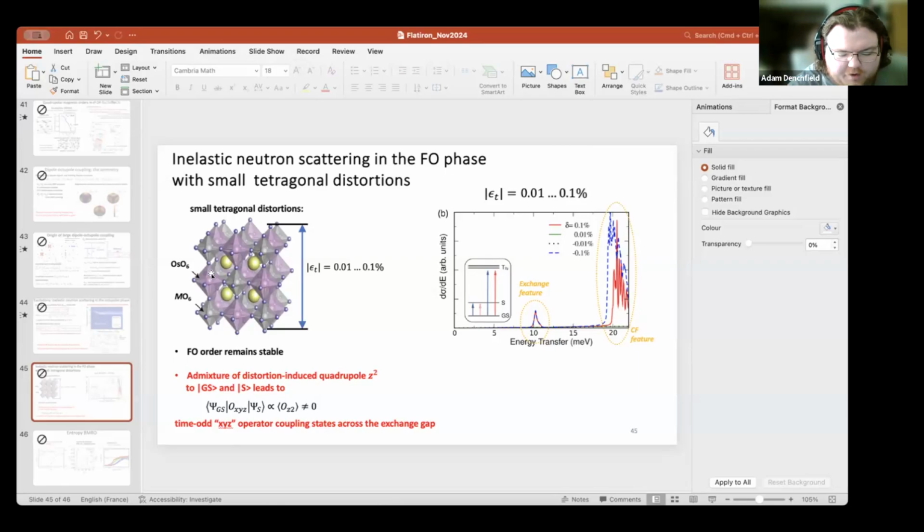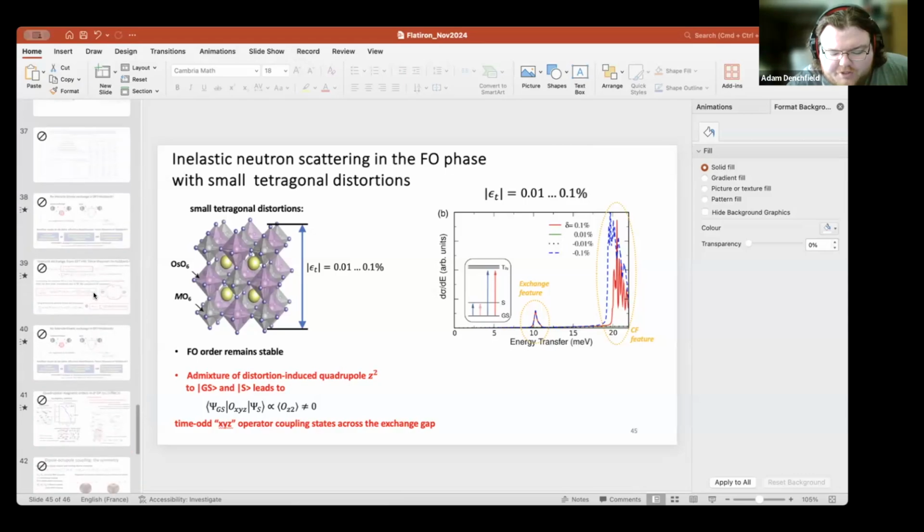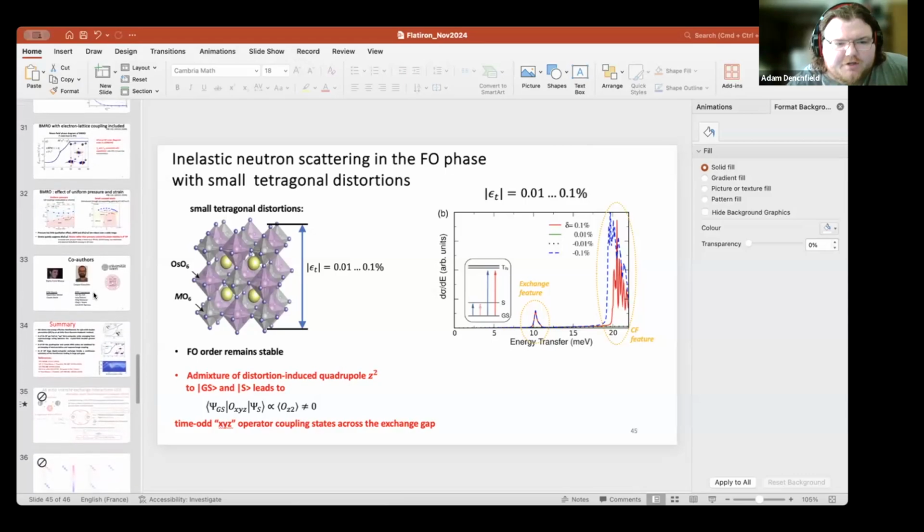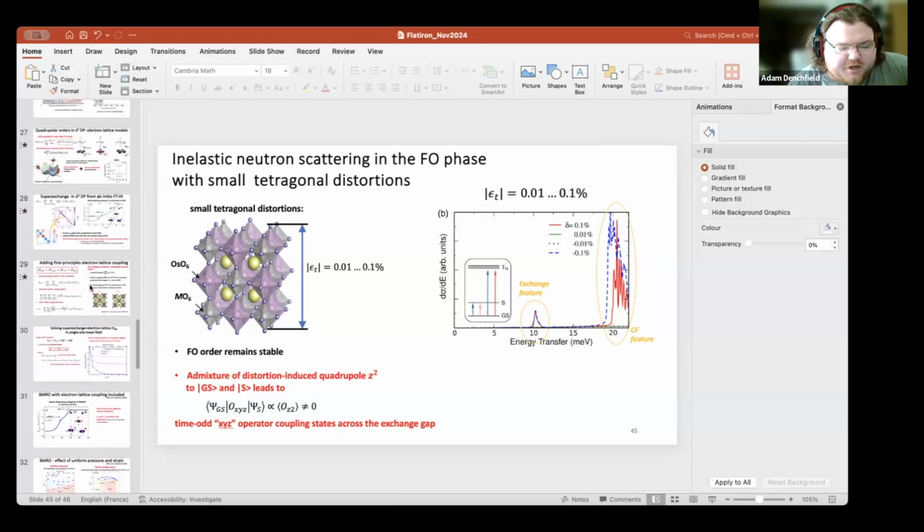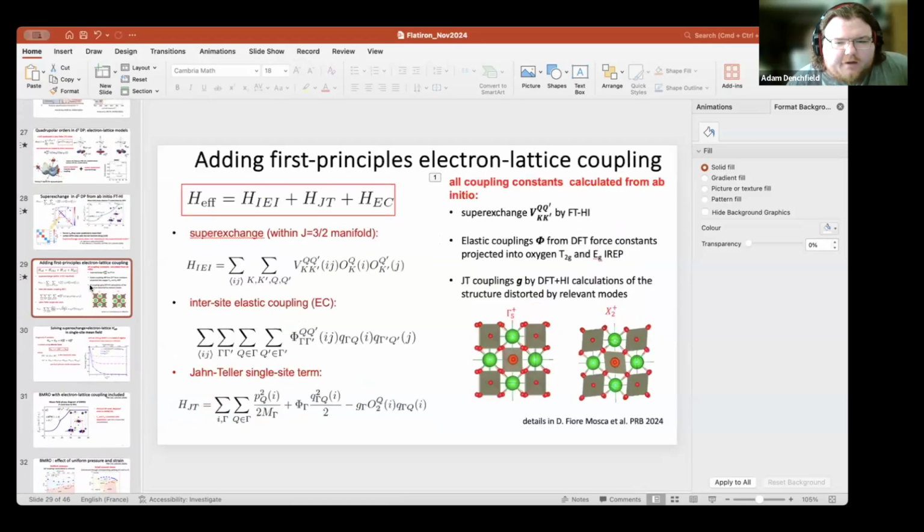When determining the coupling from ab initio, I saw that you do DFT plus Hubbard 1 calculations of the structure distorted by relevant modes. My curiosity is how much those Jahn-Teller couplings change when you do, say, pure DFT versus DFT plus Hubbard 1. Is there a significant difference?